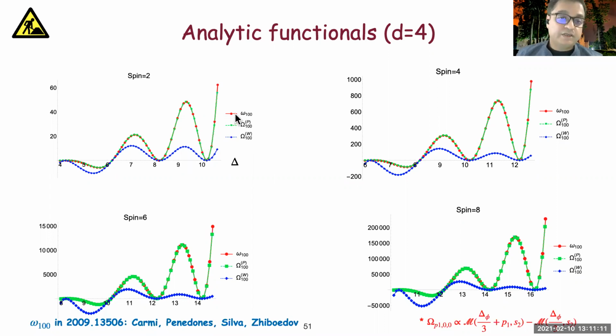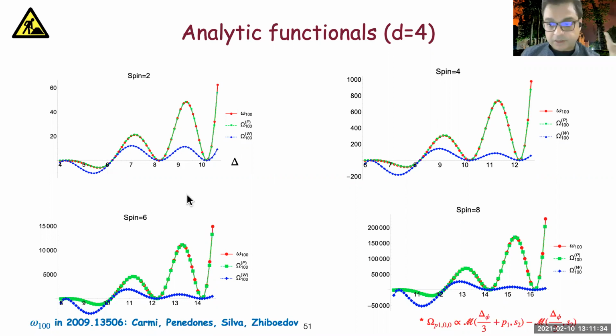So far as the Polyakov block and the fixed T dispersion relation sum rules are concerned, they are identical. They lie on top of each other. And so far as the Witten block is concerned, the zeros, at least in this particular functional that we are looking at, appear to be at the same place, but the magnitude is different. In that sense, it's a little different.